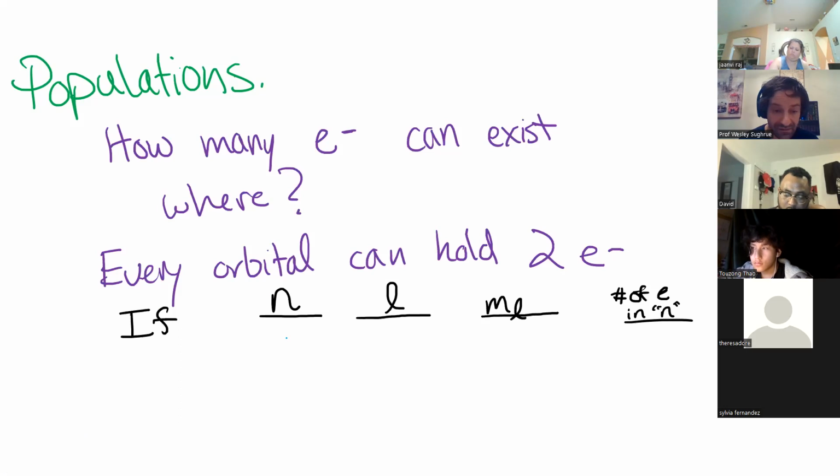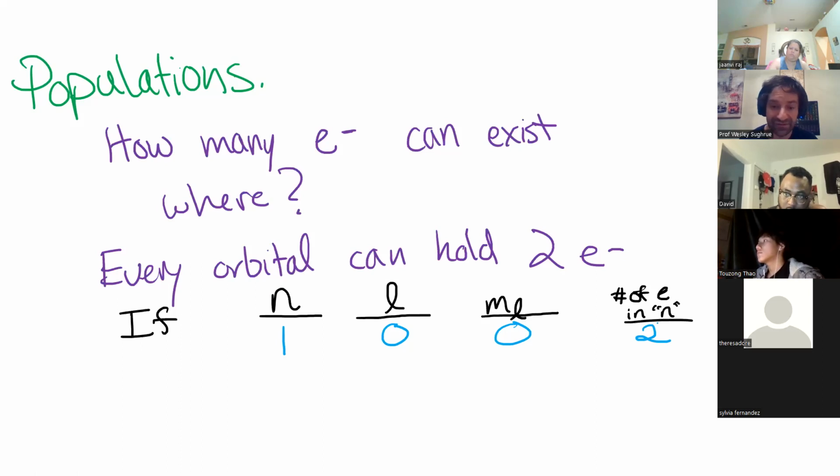So if n is 1, the only possible values of L are 0. M sub L, therefore, can only be 0. And the number of electrons in n is limited to 2, because we've only got 1 orbital.